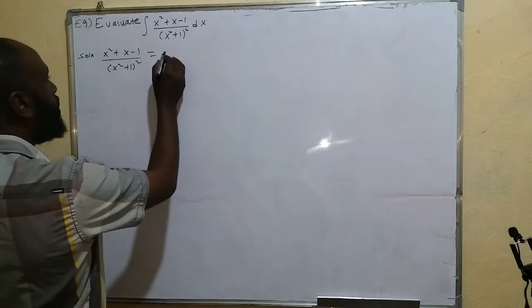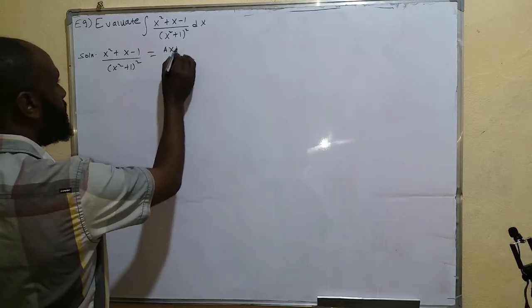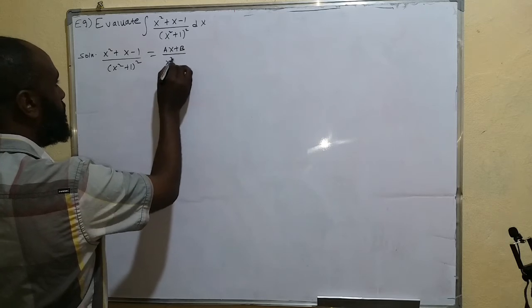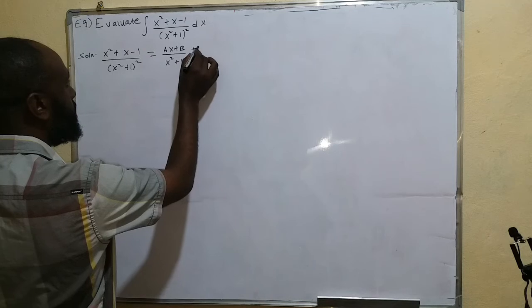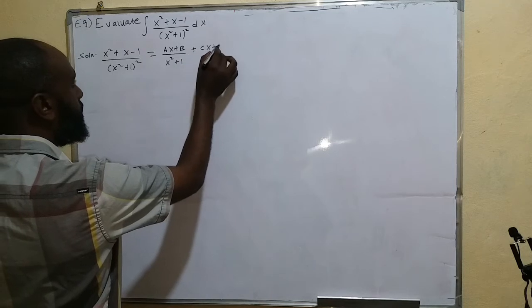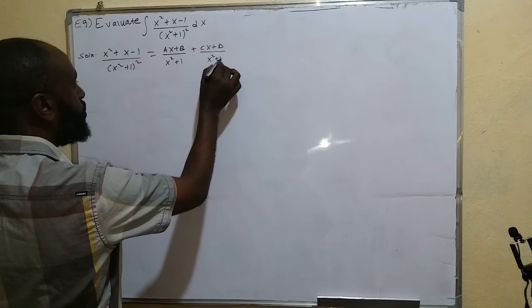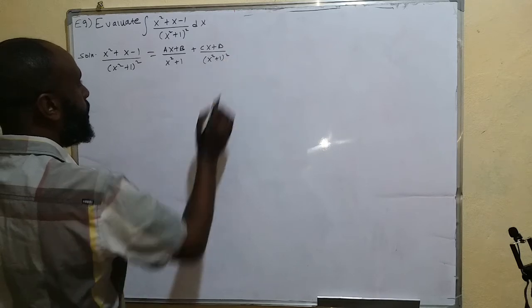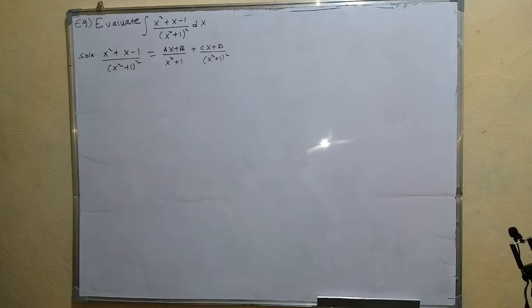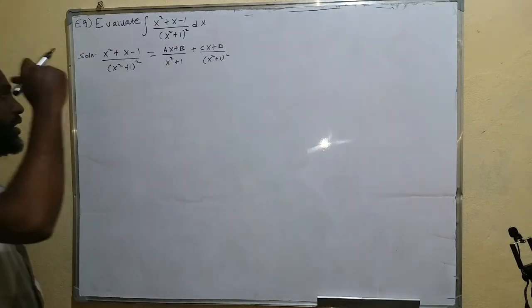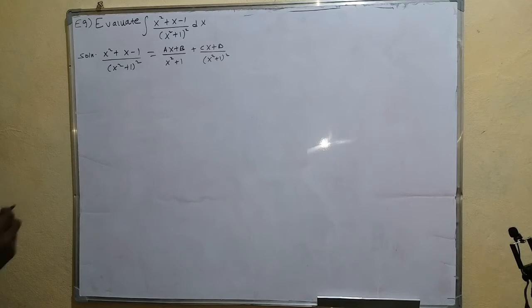Therefore, it decomposes like this: ax plus b over x squared plus 1, plus cx plus d over x squared plus 1, the whole square. This is its decomposition because we have seen it in the previous class.